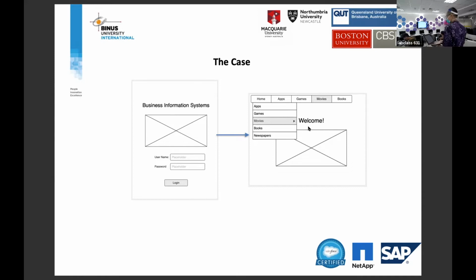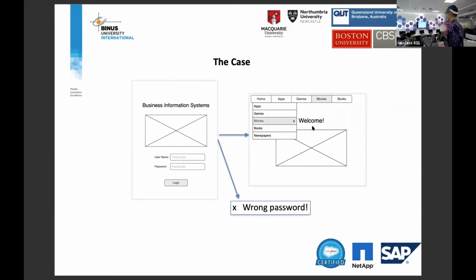And then the second screen, when we press the login button, we can go to our main page, named the main menu form. So that was the idea of today that we would like to bring together.